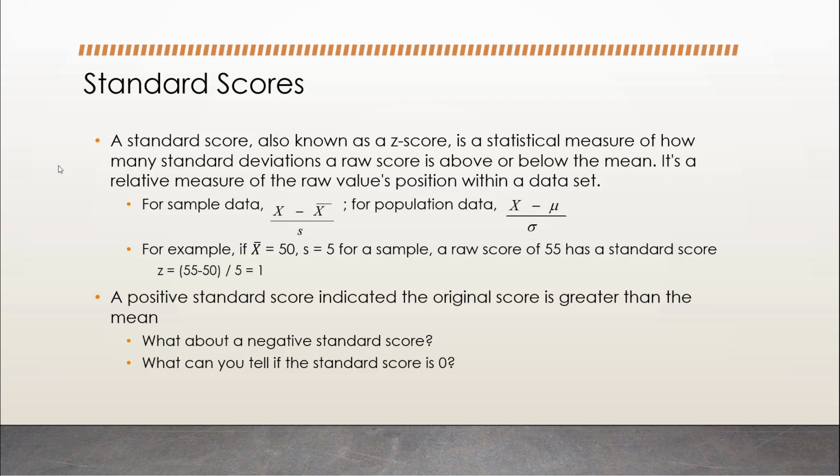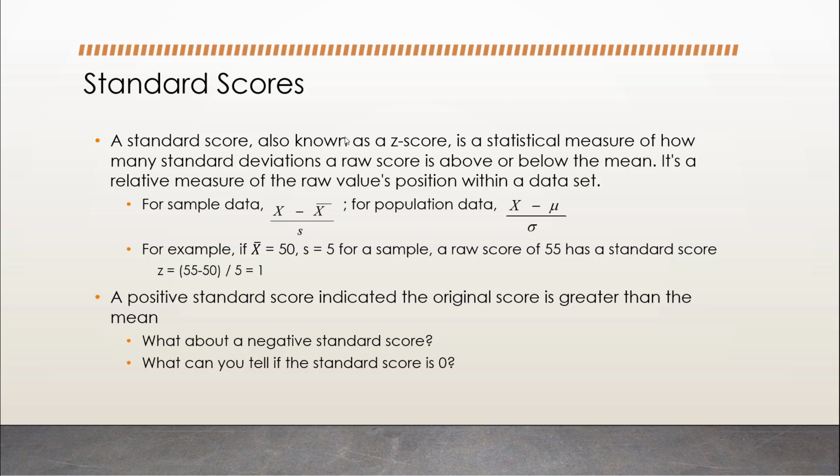A standard score, also called a z-score, tells us how many standard deviations a score is above or below the mean. It is a relative measure of position in the distribution. To calculate a z-score, we subtract the mean from the raw score and divide the difference by the standard deviation.